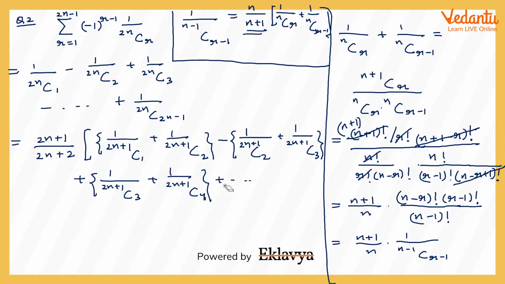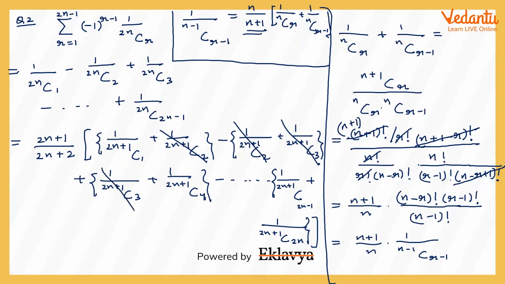There will be a minus sign here, and then in the end, it was 2n minus 1, so here it will be 2n minus 1 plus 1 upon 2n plus 1 c2n. Now you can see there is some cancellation going on, like this term will be cancelled with this term, and so on.